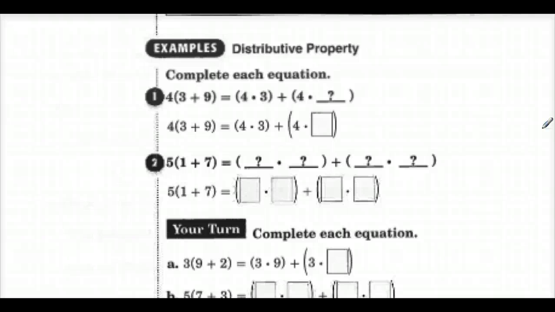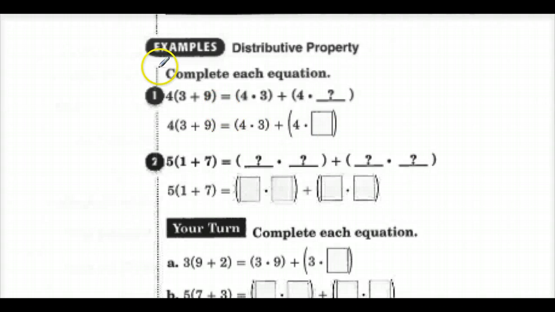So our first example says complete each equation. It says 4 times the quantity 3 plus 9. And when I say the word quantity, I'm talking about what's inside our grouping symbols called parentheses. It's the same thing as saying 4 times 3 plus 4 times what number?